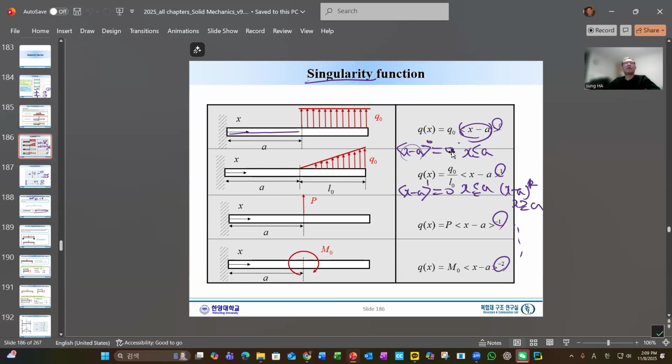And this is the way, especially for the discontinuous distributed load and the concentrated load and moment. This is the way we express. This is the zeroth order and first and -1 and then -2.